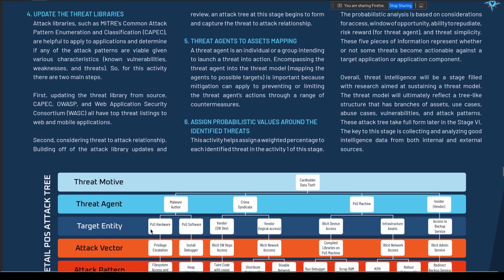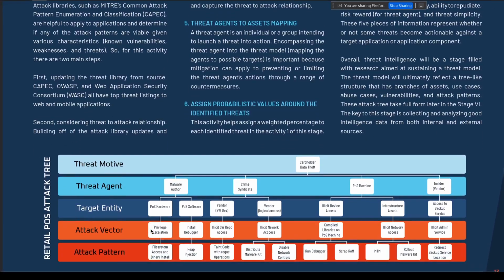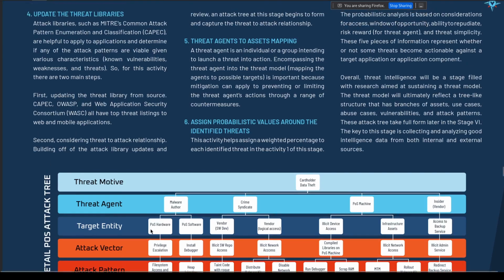Here, the fourth activity is updating the threat library. So as I said earlier, threat analysis also involves introducing a few personas, like a penetration testing persona or an adversary persona, into the threat analysis zone in order to identify the attack libraries that pertain to a certain application.